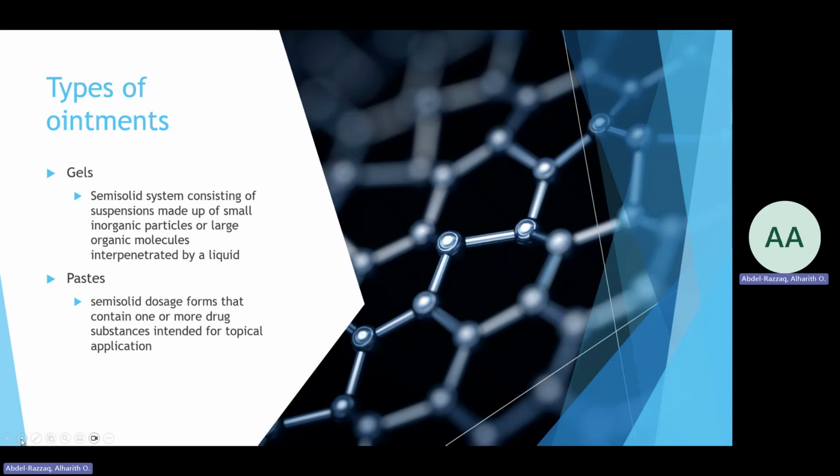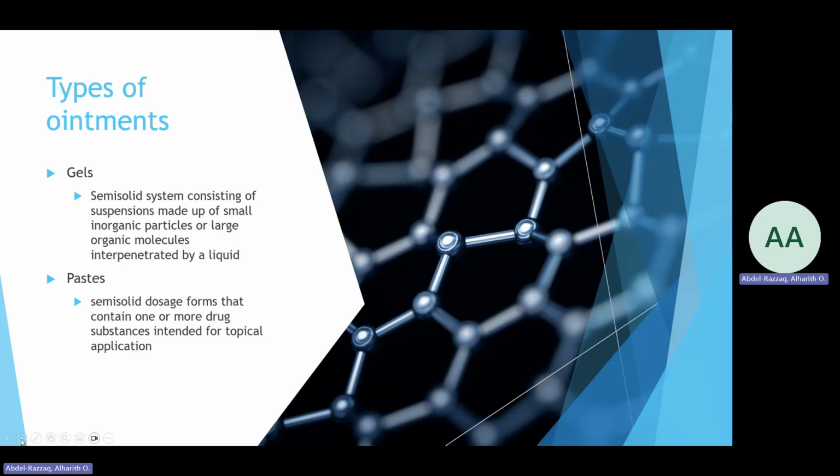But let's talk about our types of ointments. For gels, we have a semi-solid system that consists of suspensions made up of small inorganic particles or large organic molecules, and these are going to be interpenetrated by a liquid. Gels are actually emulsions, so keep that in mind moving forward.